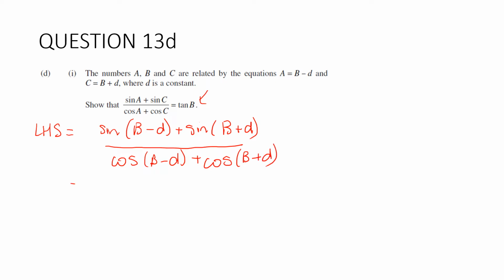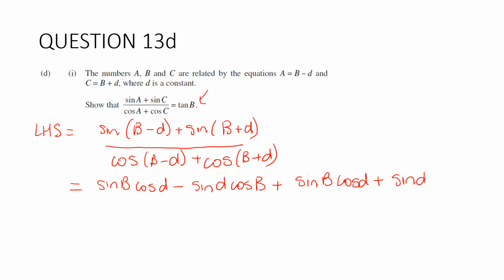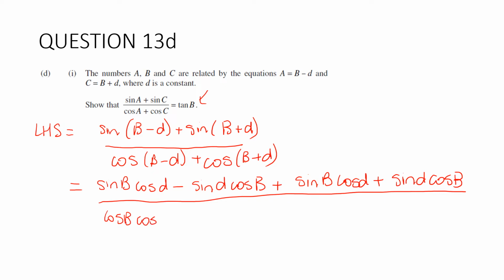All right, let's do these expansions. This is sine b cos d minus sine d cos b plus sine b cos d plus sine d cos b, all over cos b cos d plus sine b sine d plus cos b cos d minus sine b sine d.